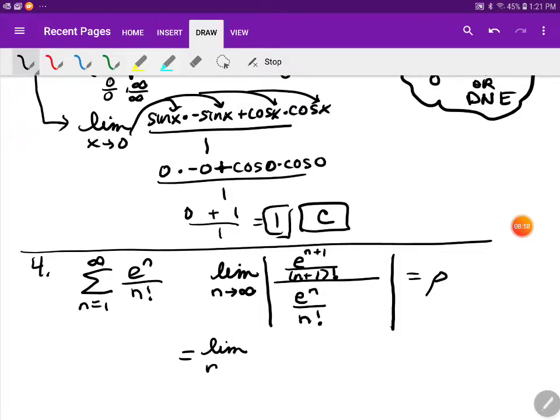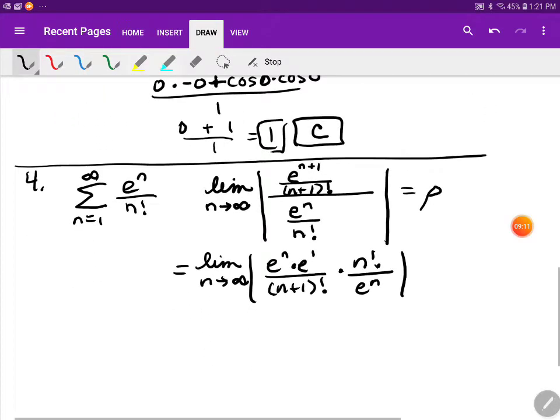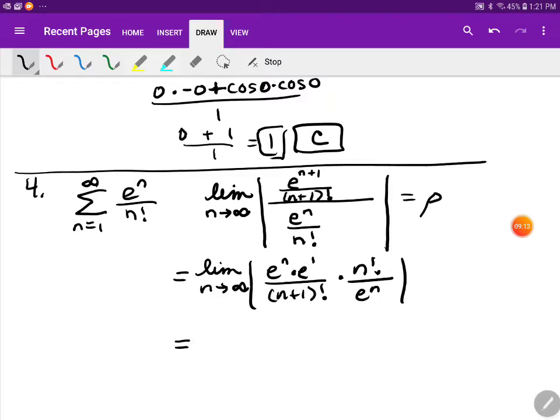So limit as n approaches infinity, that's e to the n times e to the 1 over n plus 1 factorial times n factorial over e to the n. Okay, and remember, even though this is multiple choice, your format is going to be in free response format, so you're definitely going to want to show all of the details of your work. Okay, so e to the 1 times n factorial.